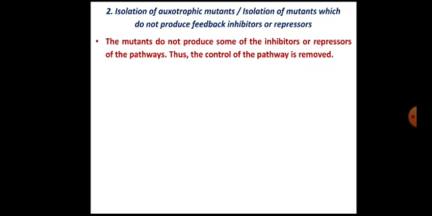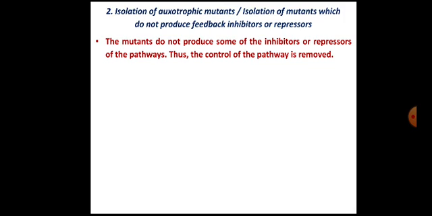Now, particularly, we are talking about overproduction of primary metabolites. So, these are the mutants that do not produce inhibitors or repressors. What are these inhibitors or repressors? These are nothing but the microbial metabolites of the pathway, either it is an unbranched pathway or a branched pathway, and these metabolites are responsible for the feedback inhibition or repression.